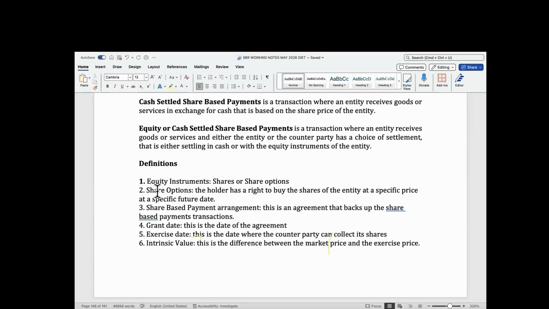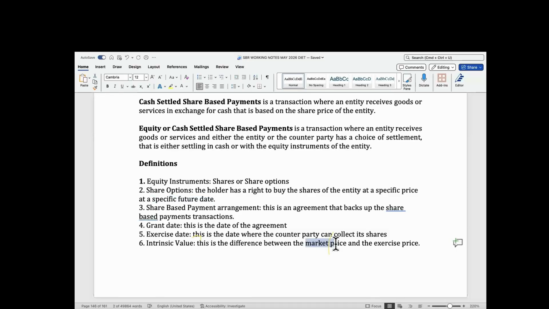So where a share option is given, where we give a share option that you can buy our shares at a specific price at a future date, that specific price is the exercise price. That specific future date is the exercise date. So the price you can buy those shares for is the exercise price. When you compare it with the market price, the difference is the intrinsic value.